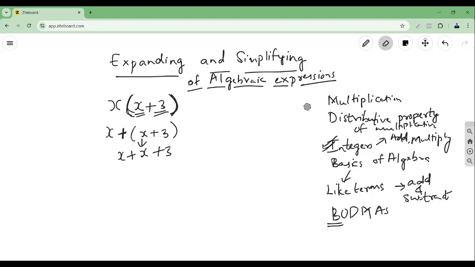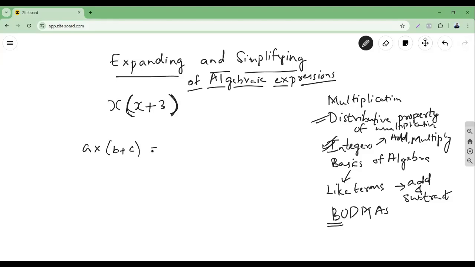However, we will talk about x where a bracket is immediately opened and then there is x plus 3. Here is where we will use the distributive property. What does the distributive property mean? When we have addition and multiplication, a multiplied by (b plus c) gives you a multiplied by b plus a multiplied by c.